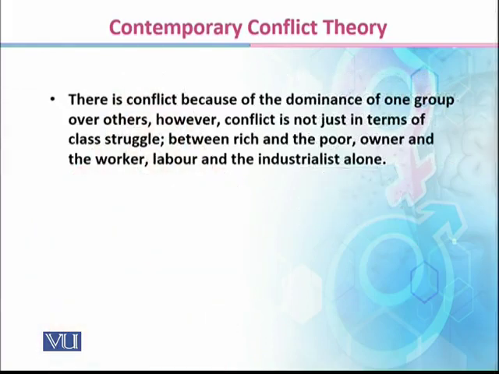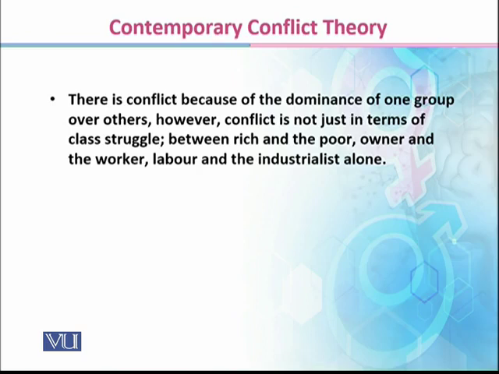There is conflict because of the dominance of one group over others. However, conflict is not just in terms of class struggle, that is, between rich and the poor, owner and the worker, labor and the industrialist alone.